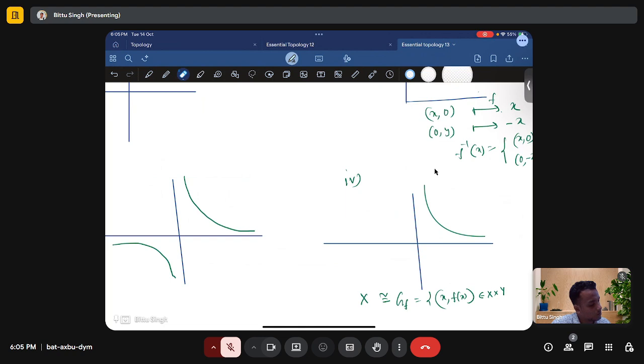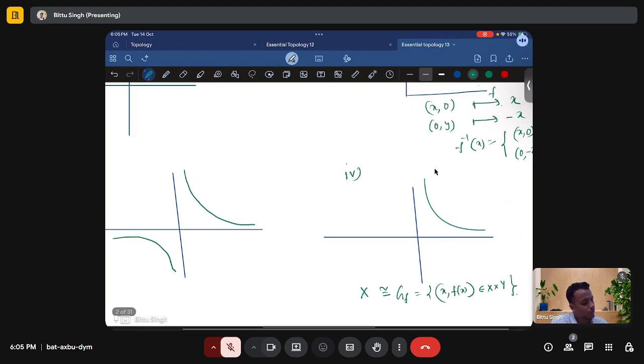That is the consideration. So X and the graph of f are homeomorphic.